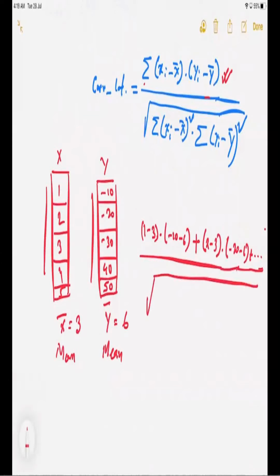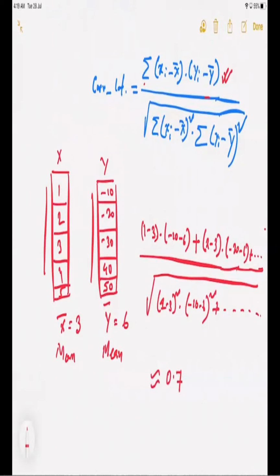So we're going to have, first of all, 1 minus 3 square multiplied by minus 10 minus 6 square, and then I'll keep on doing the addition for all the other elements. Maybe this will technically result in 0.7.